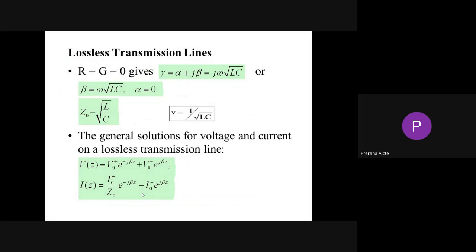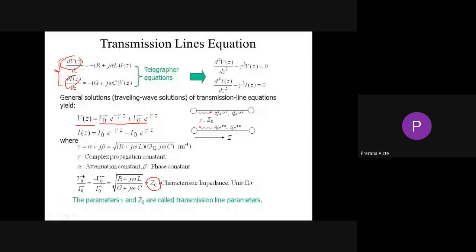Then the modified expression: γ is equal to α plus jβ. Then what is α plus jβ in the previous expression? The square root of (R plus jωL) (G plus jωC). So R is 0, G is equal to 0. So jωL into jωC gives only j²ω²LC.